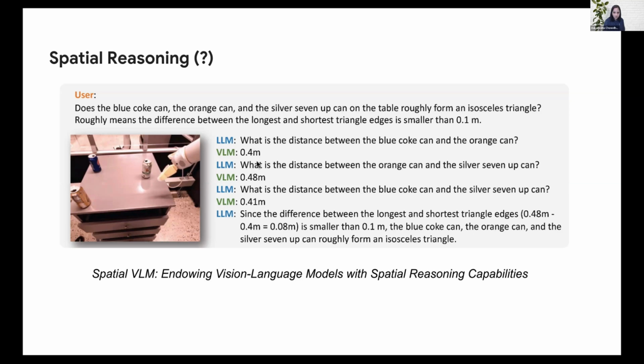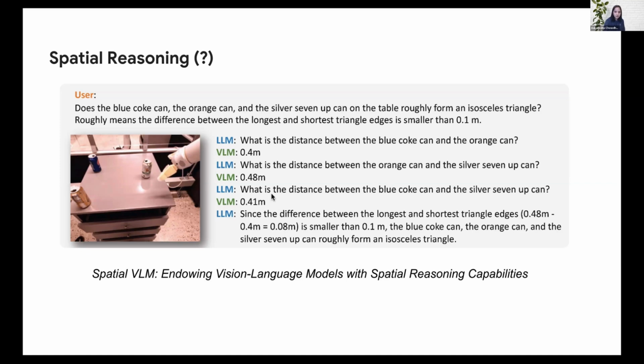In terms of multi-hop reasoning steps, what the authors show is that they analyze the distance between the blue Coke can and orange can, the distance between the orange can and silver 7-Up can, and the distance between the blue Coke can and silver 7-Up can.